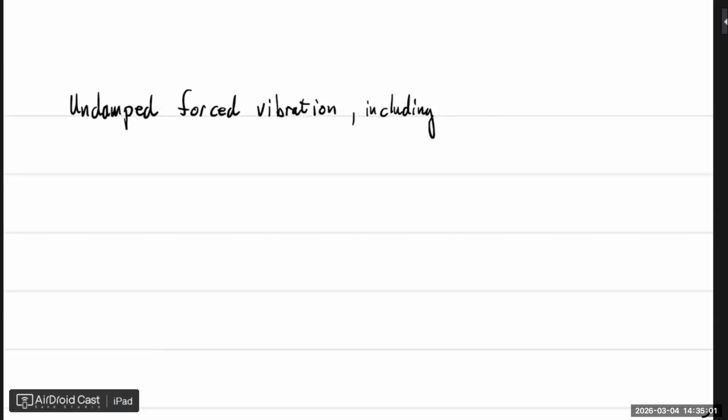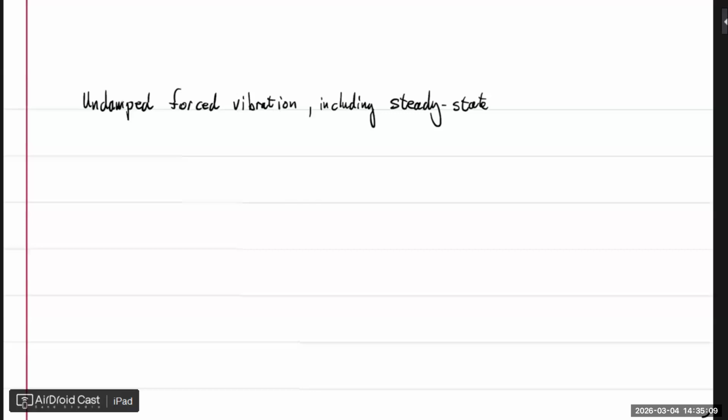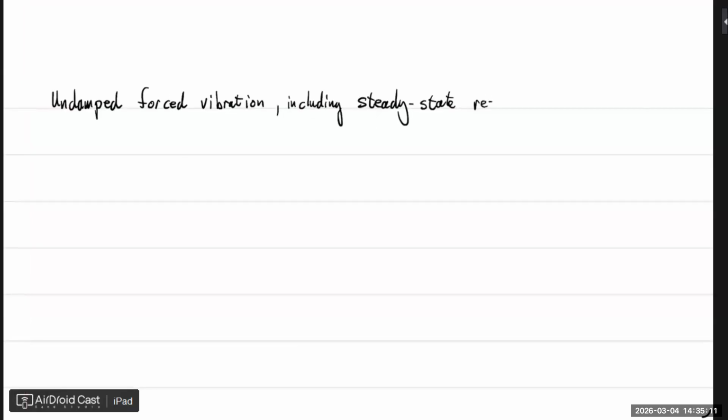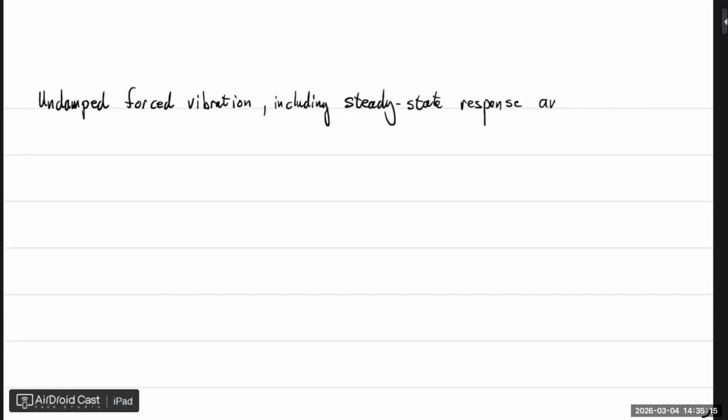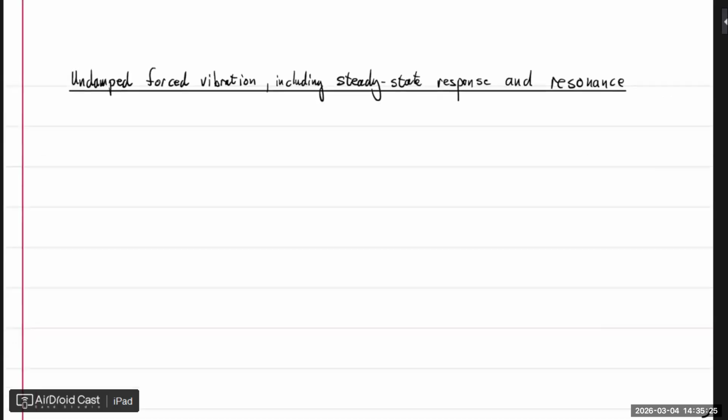We're going to talk about the steady state response and resonance. So that is what we're going to talk about today. I'm not sure exactly how long the class will be. We'll see how fast we can go through the work.